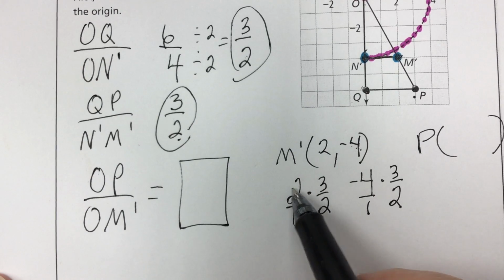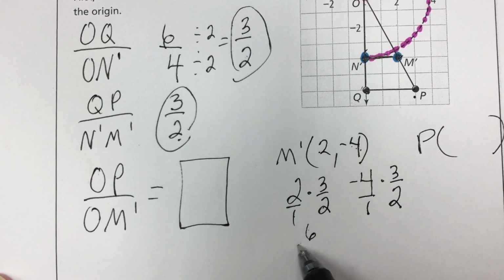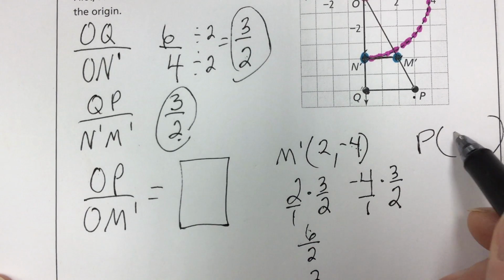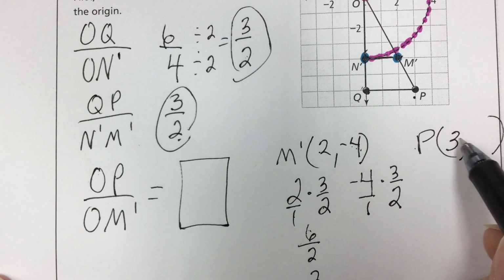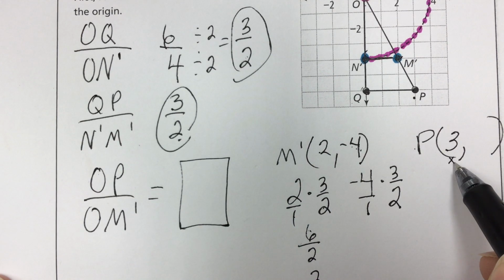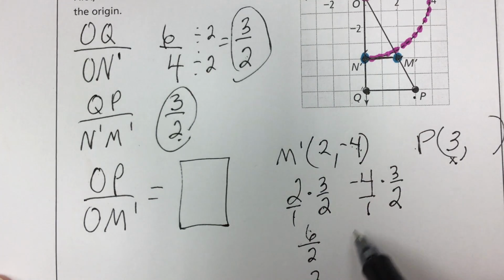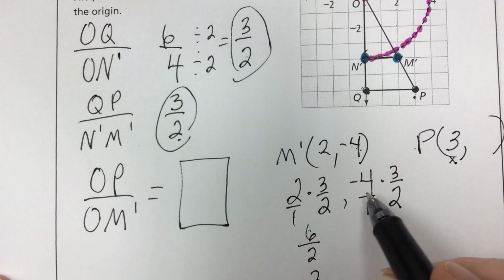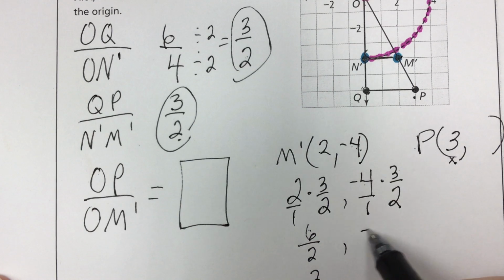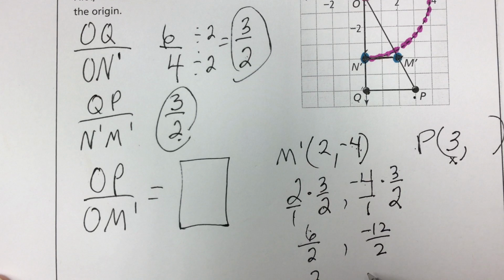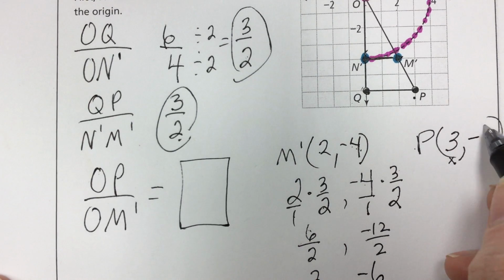So looking at this, 2 times 3 is 6, 6 divided by 2 gives you 3. So I'm going to place that 3 right here. P should have an X value of 3 if it has a scale factor of 3/2, if this side does. Now next, negative 4 times 3 is negative 12, and negative 12 divided by 2 would be negative 6.